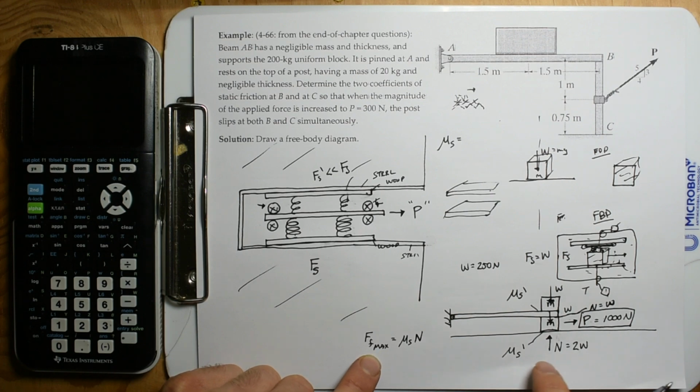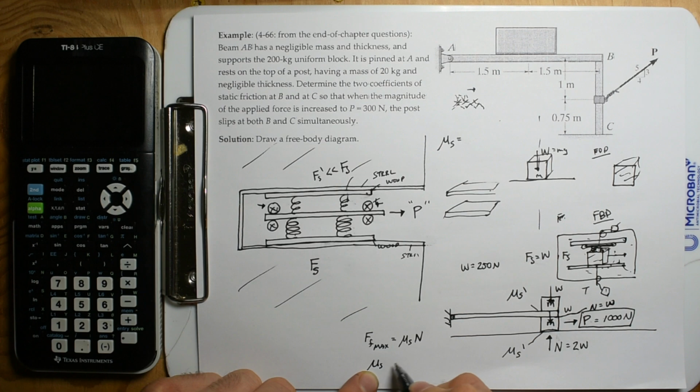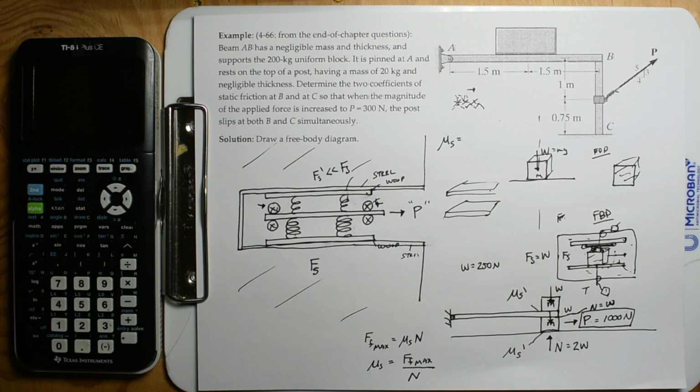And if I want to solve for the coefficient of static friction, I'm going to take the force of friction max divided by the normal force. I think I just confused myself.